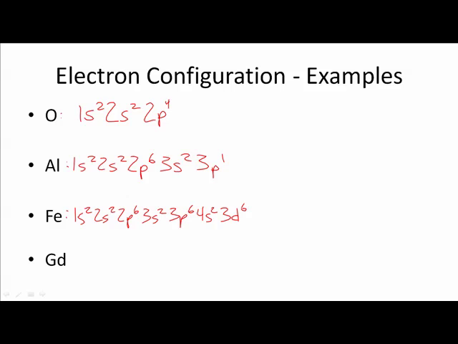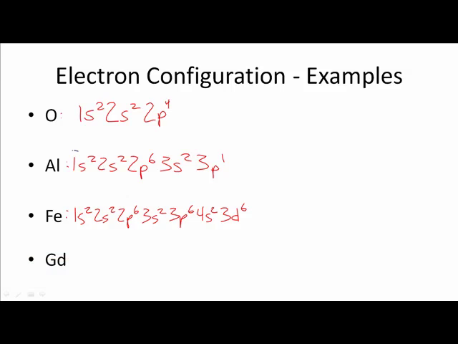So a lot of times we want an abbreviation. The abbreviation we can use is the end of each row, the noble gas on the right-hand side, to say, all right, all the electrons up to this, and then add these on top of it. So for example, for aluminum, if I go up one row, the noble gas above it is neon.